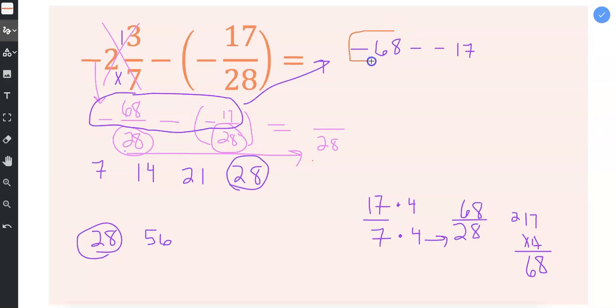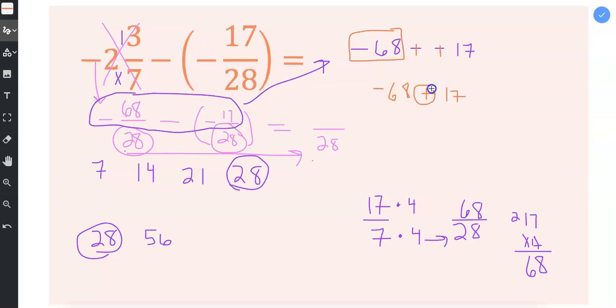Remember, you do not change this first number. What changes is this symbol and this symbol. Negative 68 minus a negative 17 is the same as negative 68 plus 17. We add the opposite.